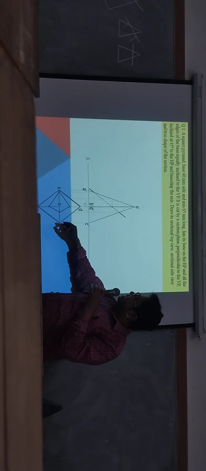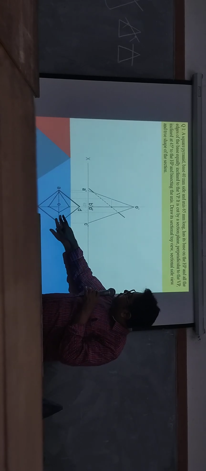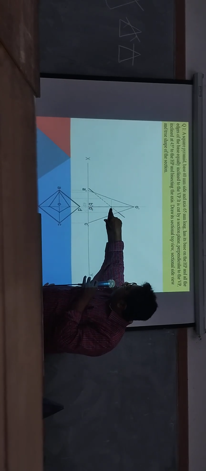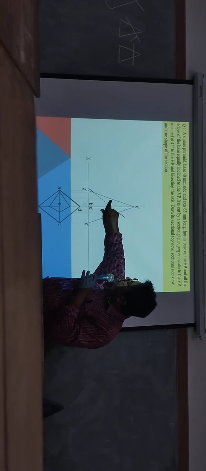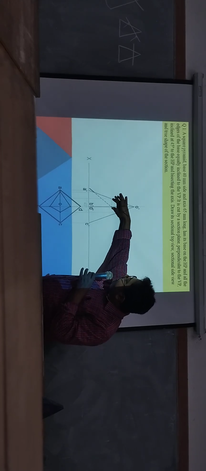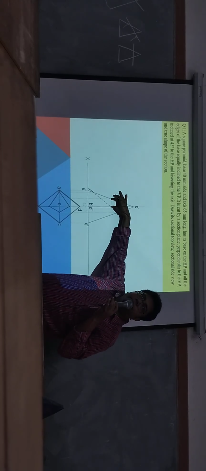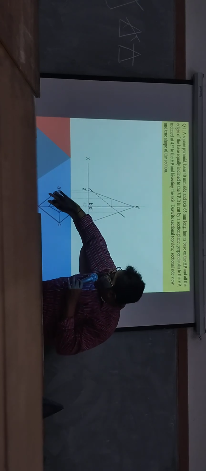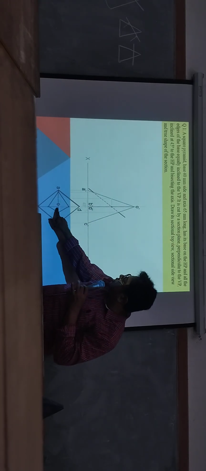Now, same method if you apply for B dash D dash, it will not intersect. That's why from this point we draw one horizontal line that is touching this point. Take this distance with compass. From O point, mark on both sides.